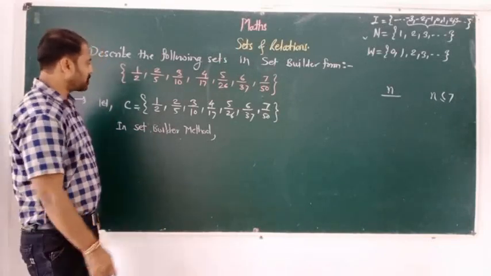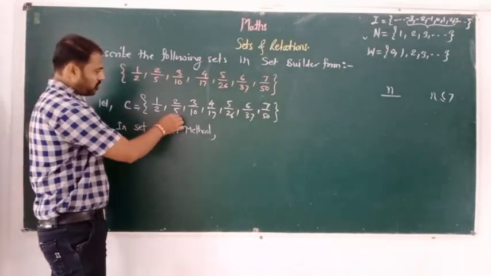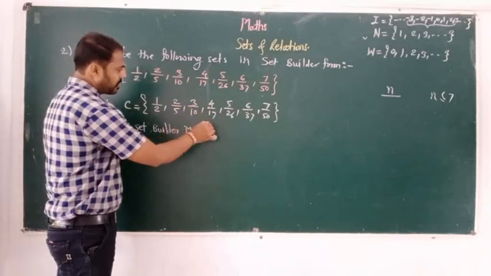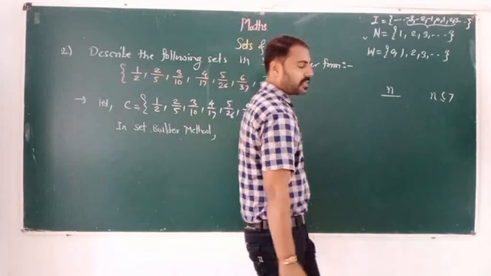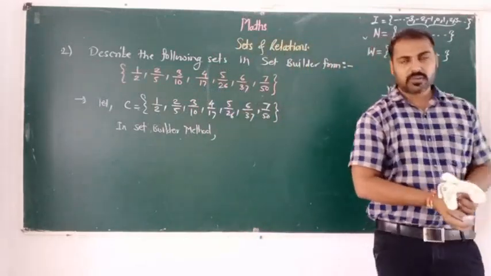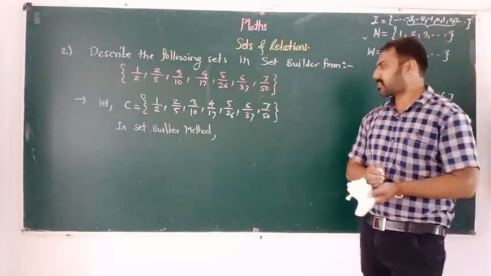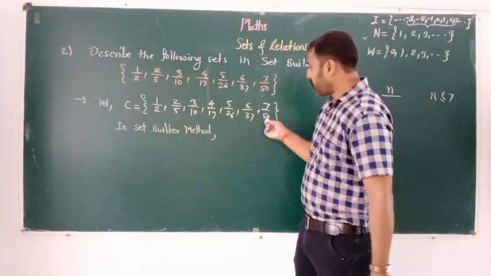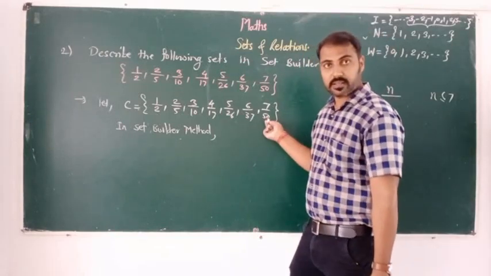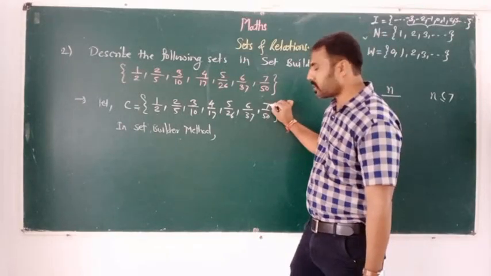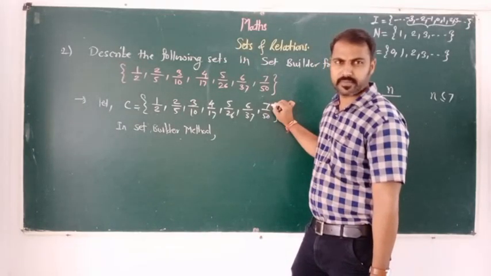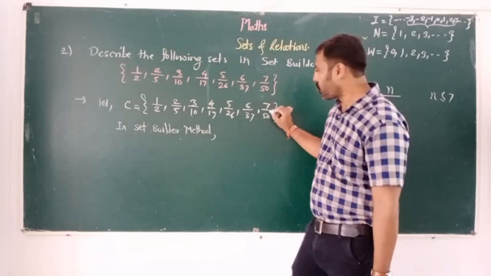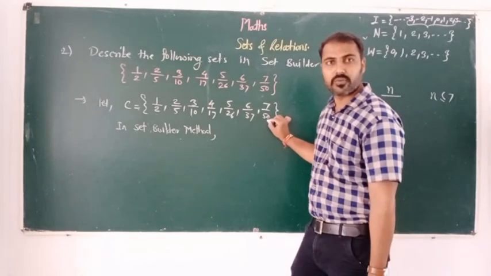And in the denominator, the terms are 2, 5, 10, 17, 26, 37 and 50. So I am seeing that 50 is there, and in the numerator there is 7. 7 square is 49, and 49 plus 1 is 50.